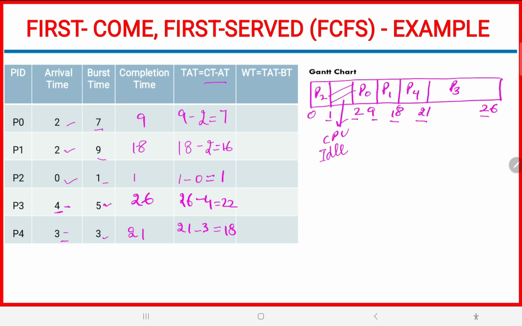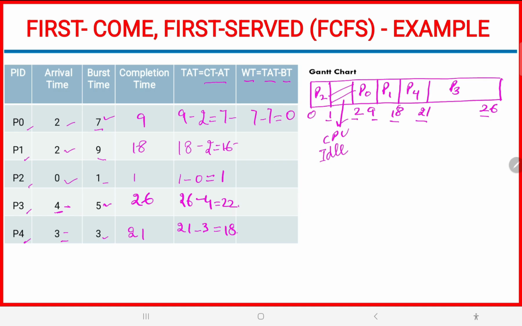Now let's calculate the waiting time, which is turnaround time minus burst time. These are the turnaround times for various processes, that is 7, 16, 1, 22 and 18 for processes P0, P1, P2, P3 and P4 respectively. So waiting time is turnaround time minus burst time. For P0, it is 7 minus the burst time of P0, which is again 7, so 7 minus 7 comes out to be 0.